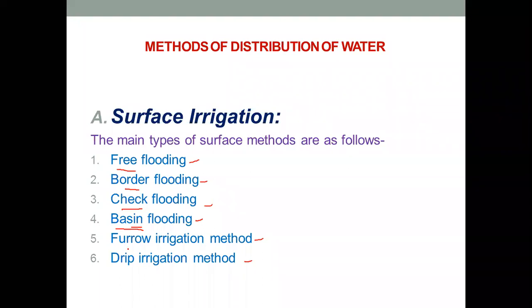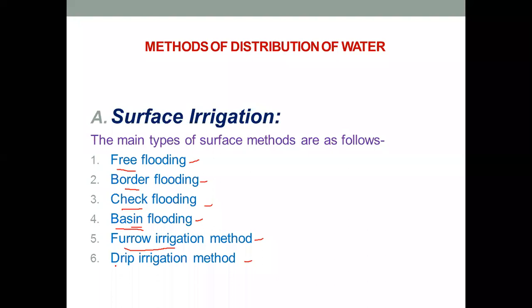Then the fifth type was the furrow irrigation method. In this method, we built ridges and furrows, where ridges are a raised embankment and furrows are the depressions. On the ridges we plant the seeds, and in the depressions we allowed the water to flow.